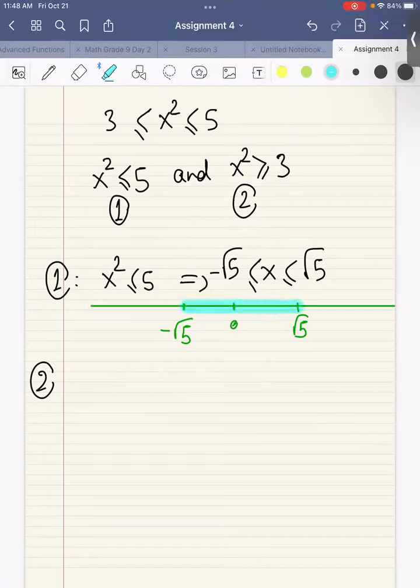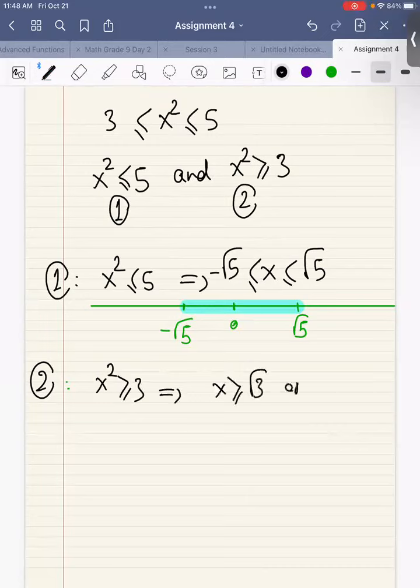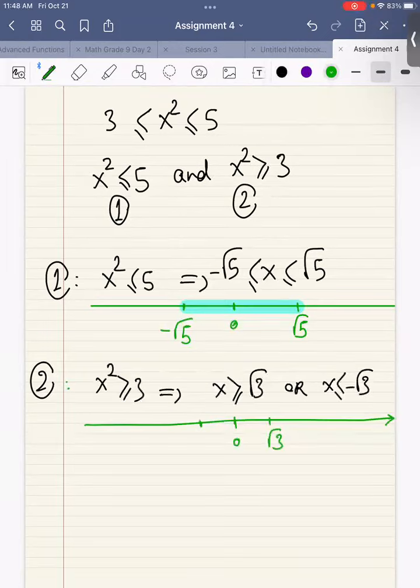For 2, you have x squared greater than or equal to 3. So that means either x is greater than or equal to root 3, or x is less than minus root 3. So if I want to show you this on the real line, imagine 0, and this is root 3, this is minus root 3.